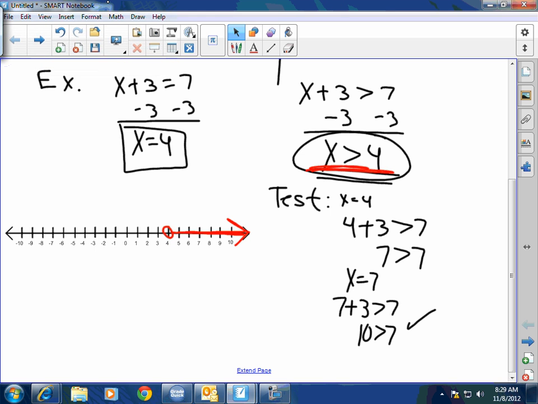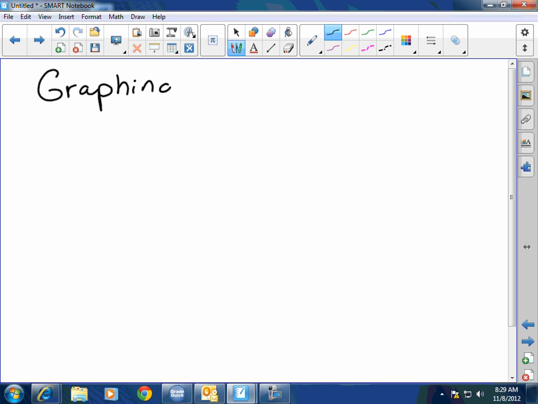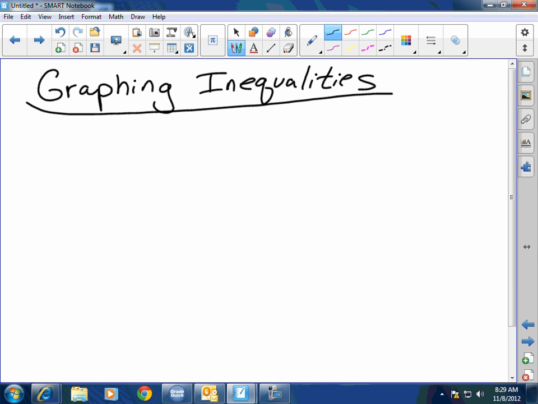Okay, so let's go ahead and talk about how I created this graph, and let's talk a little bit more about testing whether or not a given value is a solution to an inequality. When we're dealing with graphing inequalities, this is very, very important, okay? A lot of people have been trained incorrectly on how to read an inequality in the first place.